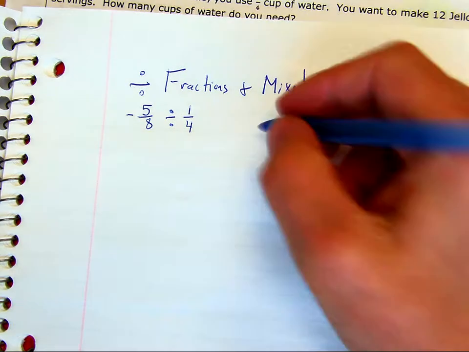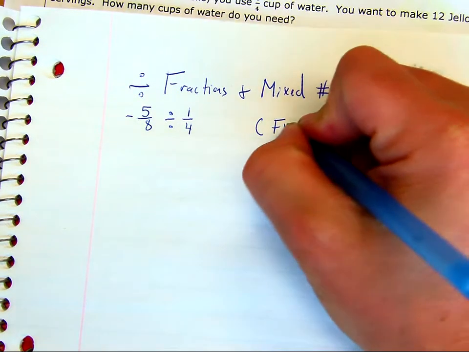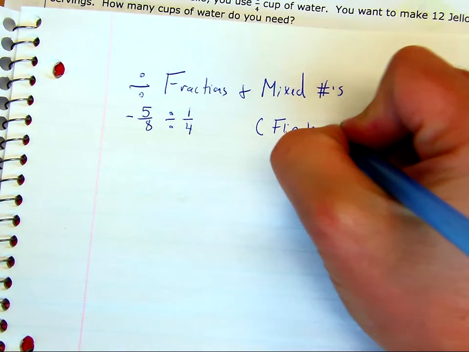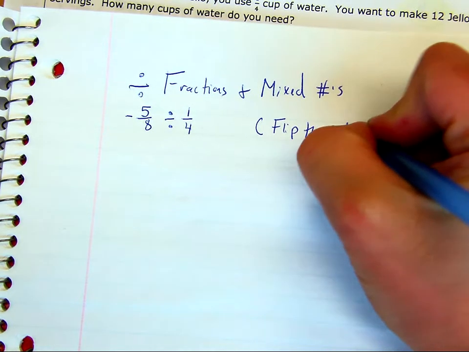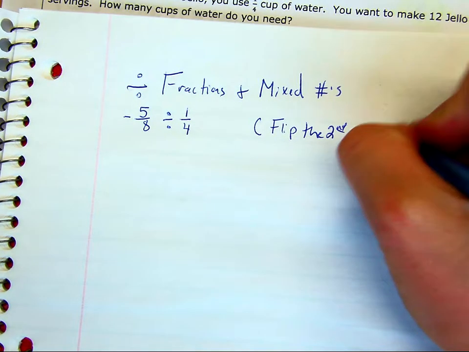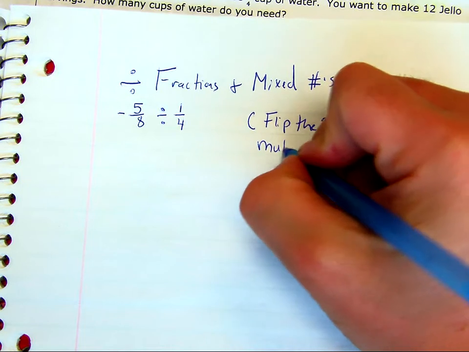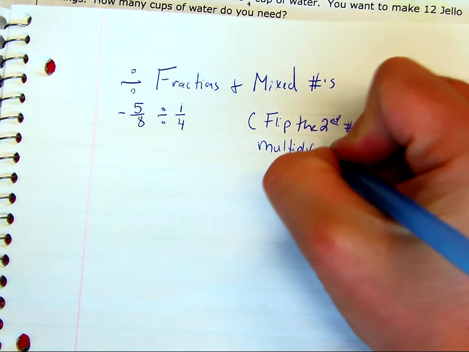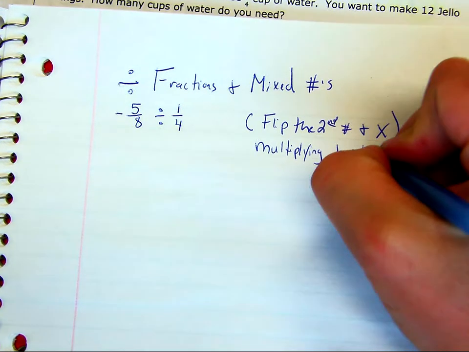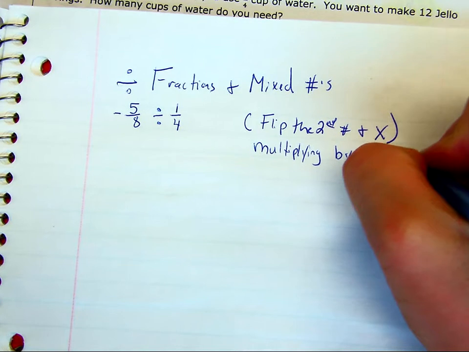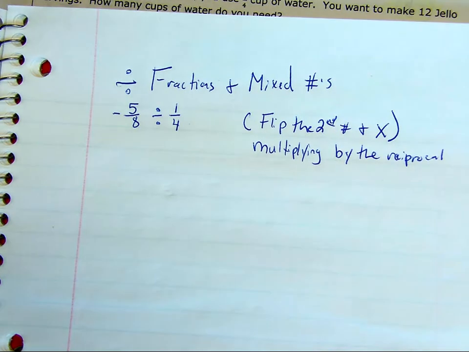So you were saying flip the second number and multiply. In mathematical terms, that's called multiplying by the reciprocal.